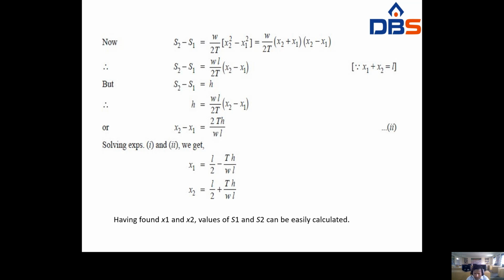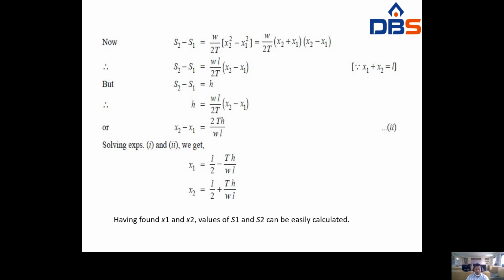Generally, S2 minus S1 is nothing but H, the difference in level. So H is equal to omega L by 2T into x2 minus x1. Therefore x2 minus x1 is equal to 2TH by omega L, taken as equation 2.